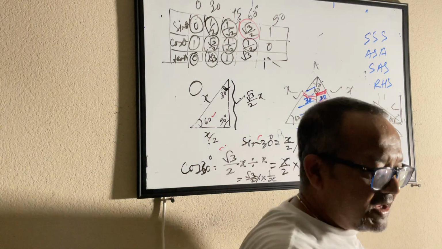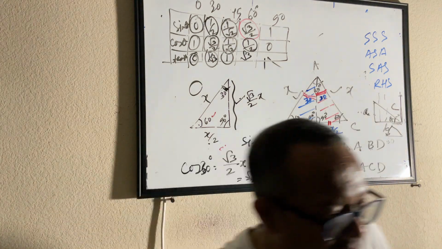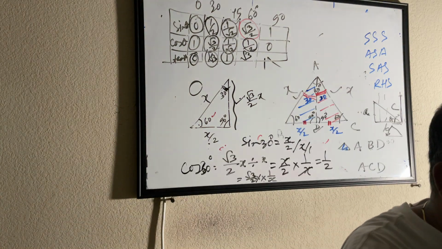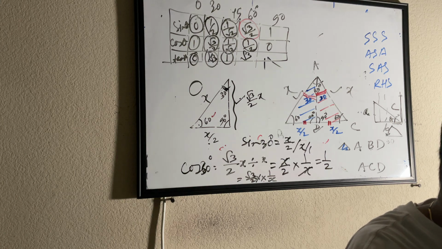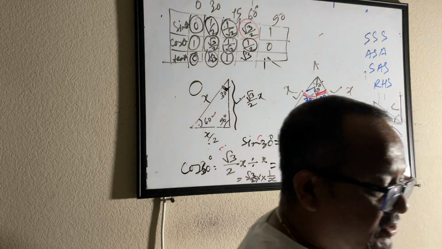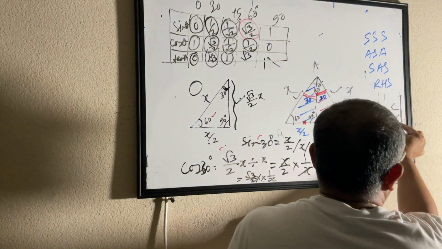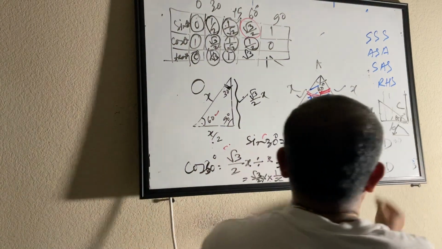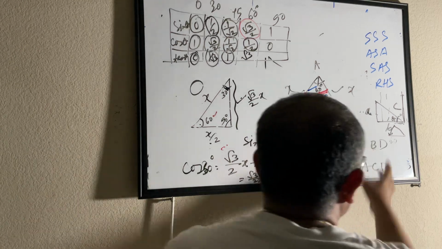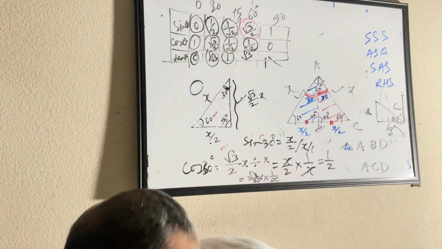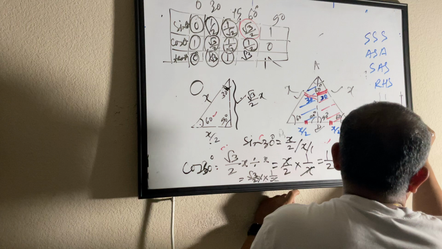Okay? So now if you try relating it to that, you will see that this side became 0. Now, here in case of this triangle, what is your sin 90 degree?